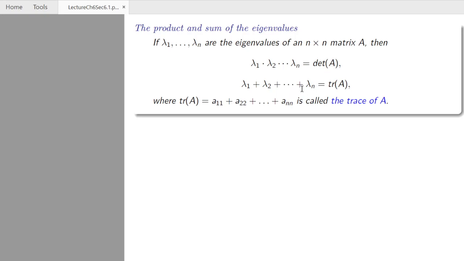And then the second equation tells us the sum of these n eigenvalues is equal to the trace of the matrix A. The trace of matrix A is the summation of the n diagonal entries of the matrix A. So trace of A is defined as the sum of a11 plus a22 up to ann. So that's the trace of the matrix A.